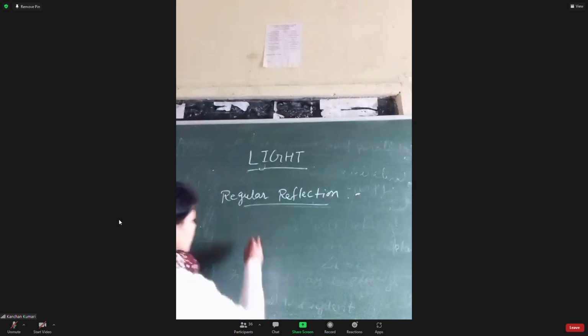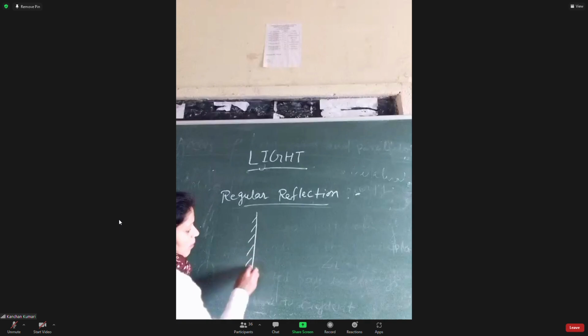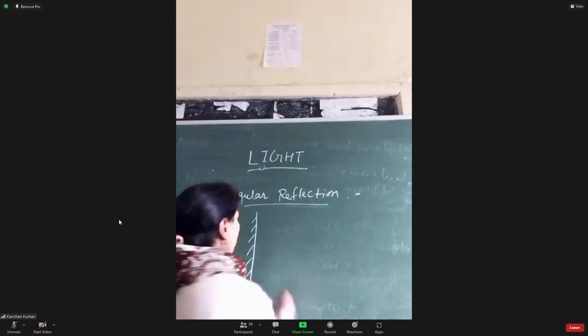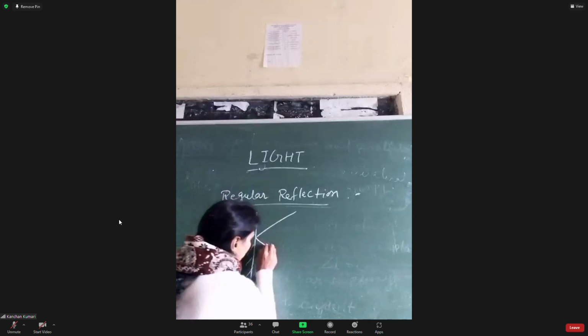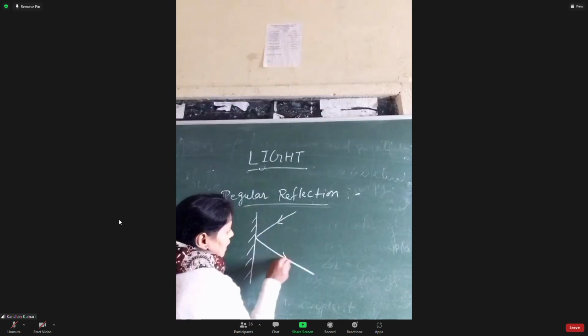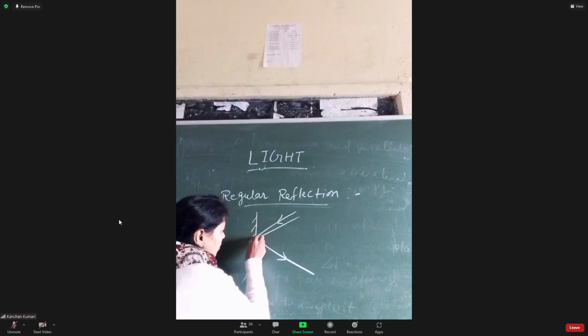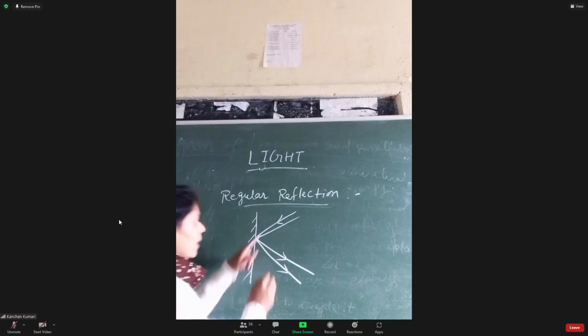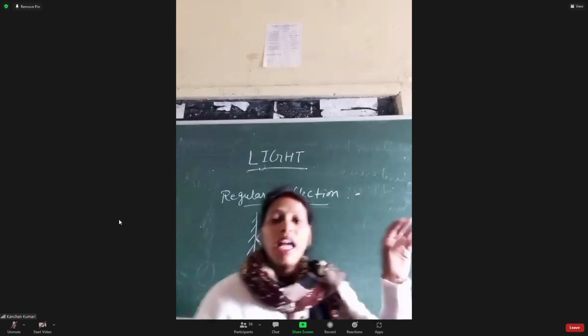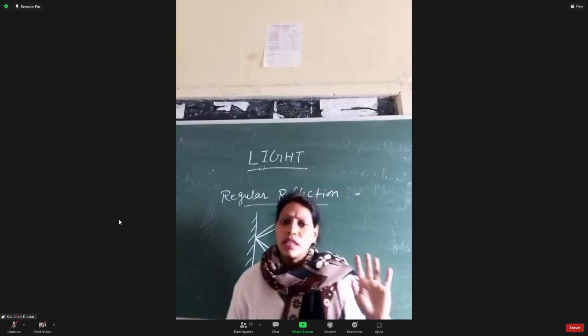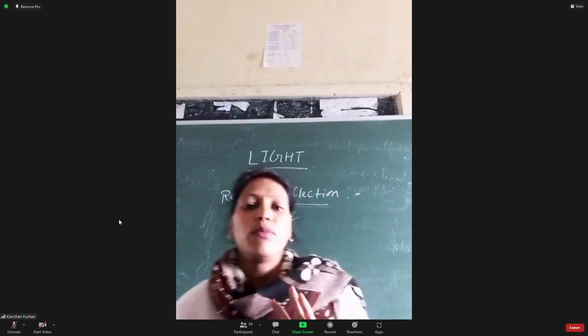Suppose this is a surface, a plane mirror. The incident ray will strike and get reflected in the same manner, in parallel directions. That is called regular reflection, and it always occurs from a smooth surface.